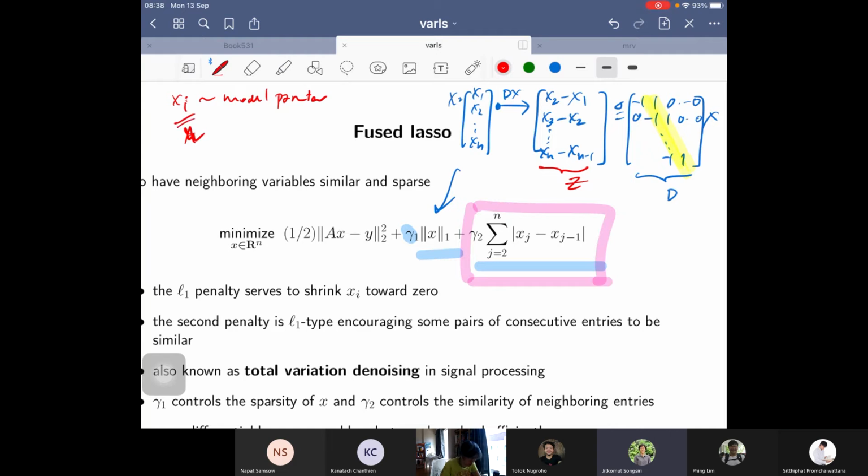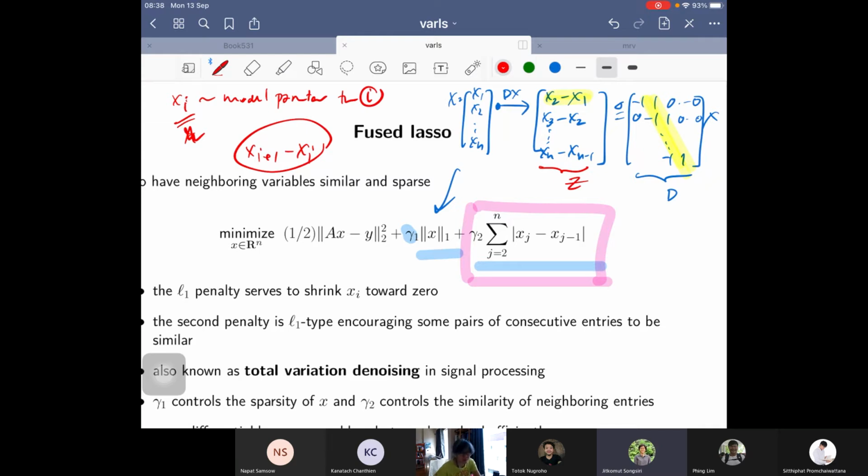So let's say your xi is a model parameter that represents the model at time i, right? So when you have x2 minus x1, or if you are interested in xi plus 1 minus xi, it means that you are observing the rate of change in the model parameters that are supposed to be varying with time.